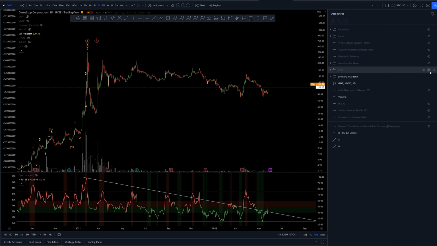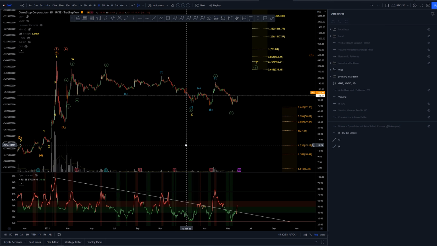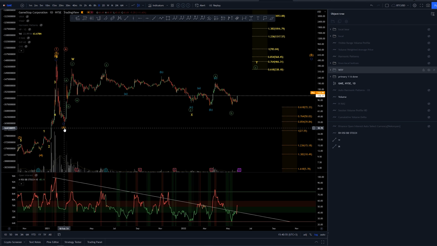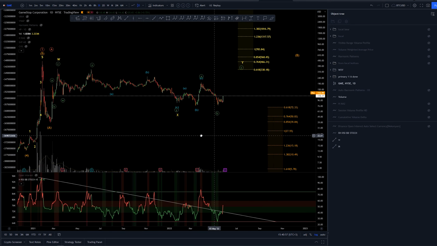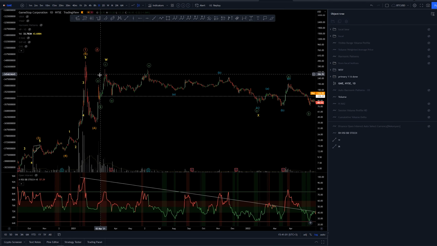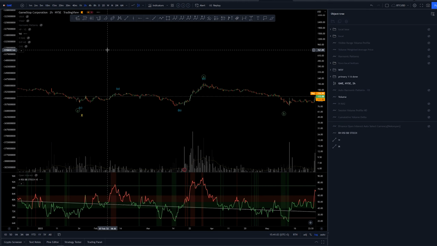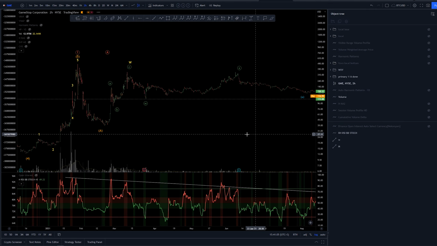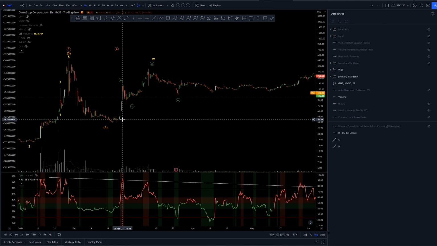And that brings us to this count. I've labeled this as an A here, and then we are currently looking for B. Why am I not thinking of this as a bullish count? I just don't see 5 waves in it.